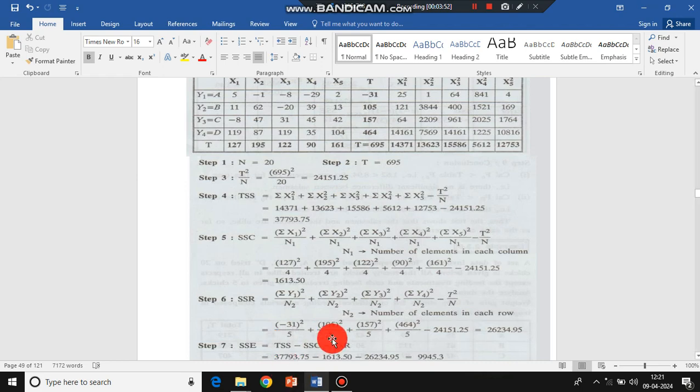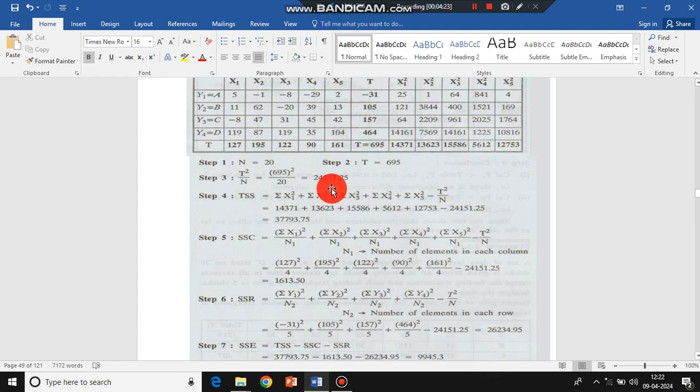So 105 square divided by 5. Similarly, third row, summation of y3 is 157. So 157 square divided by 5, plus the last summation of y4 equals 464. So 464 square divided by 5, minus T squared by n.